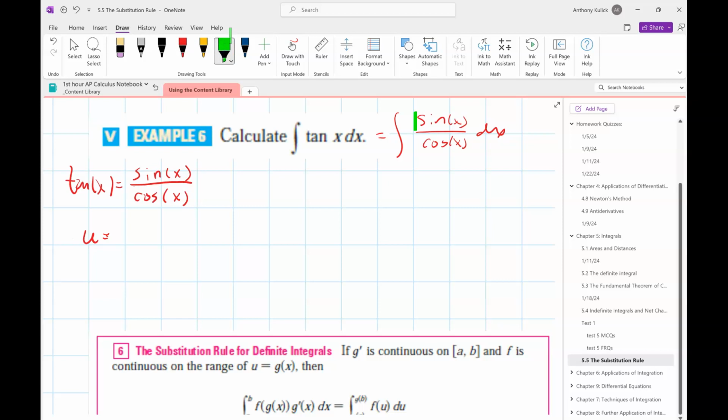I want that stuff to probably be my du because that's being multiplied together, right? So I probably would want to pick cosine as my u.